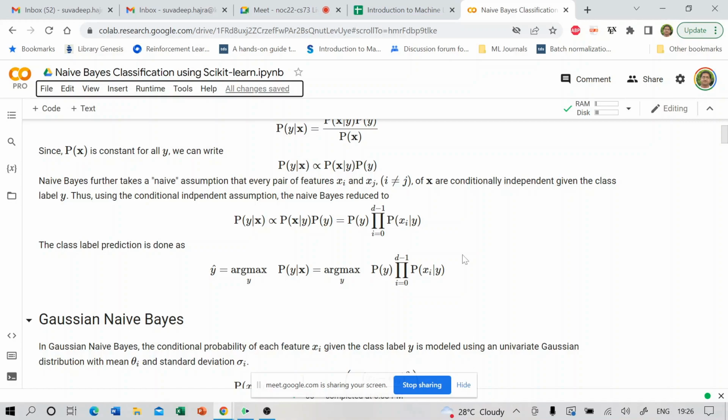Then I am fitting the Gaussian naive Bayes model, training it, and then I can use the prediction functions to predict on some new examples: predict, predict probability, predict log probability. Now you can look into the parameters also.